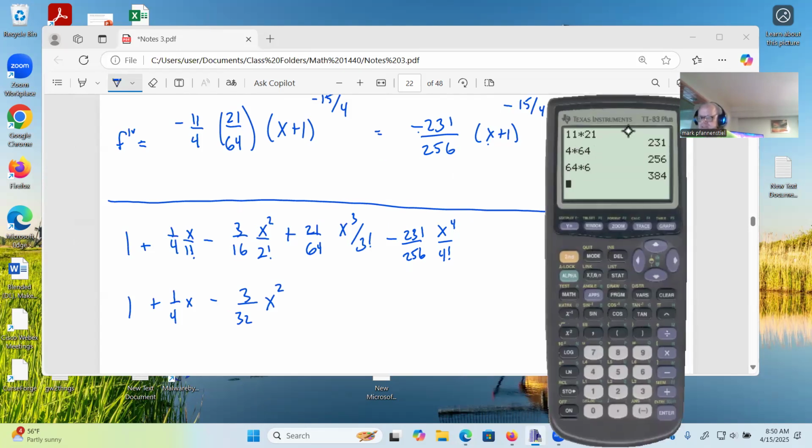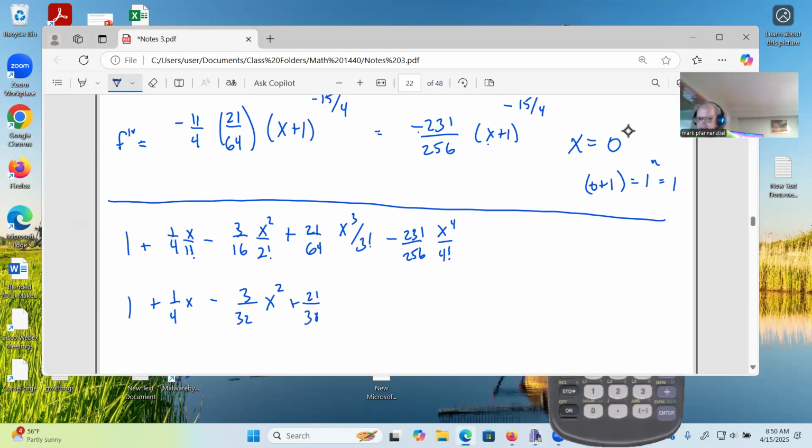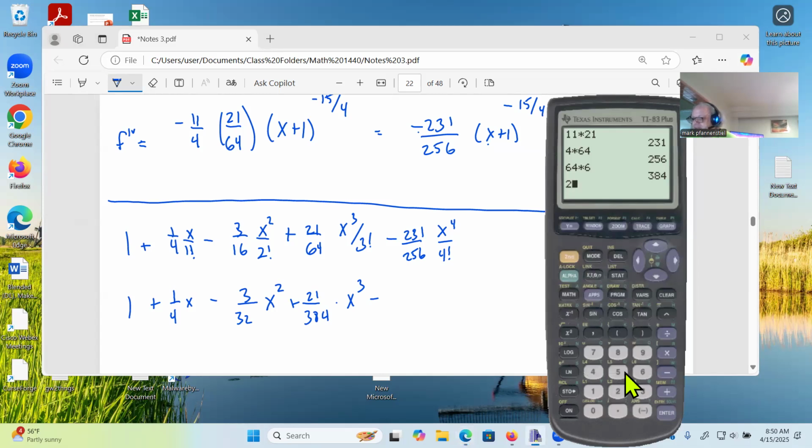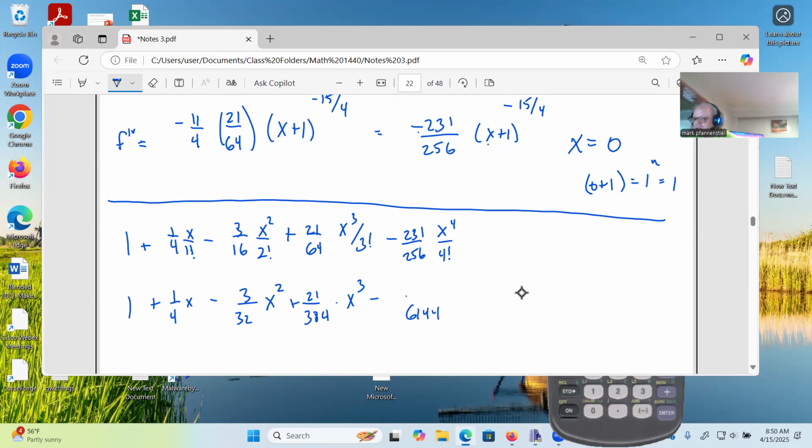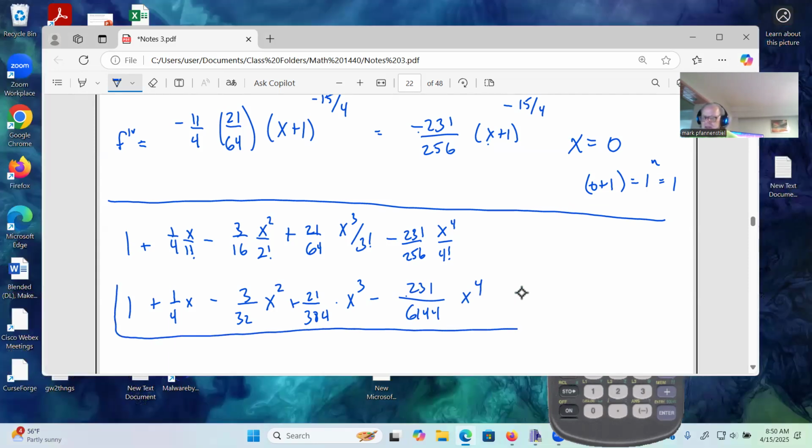So we're going to say plus 21 over 384 times x cubed minus, and then we have 256 times 4 factorial. 4 times 3, 12, times 2, 24, times 1. So we have 256 times 24. There we go. So that's 6144. Here's our 231 x to the 4th power, and that's going to be our 4th degree polynomial that approximates our x plus 1 raised to the 1/4 power.